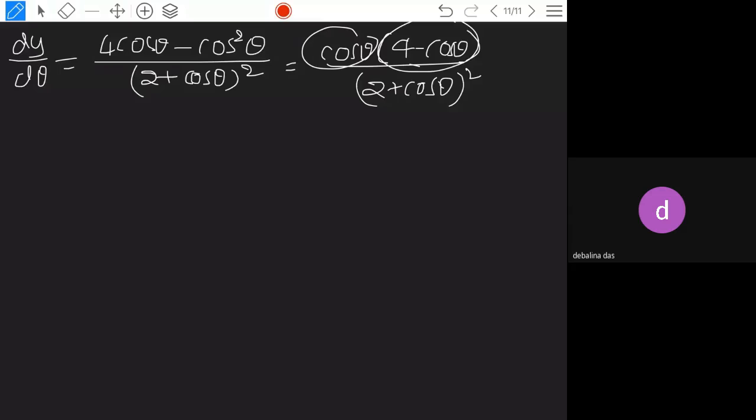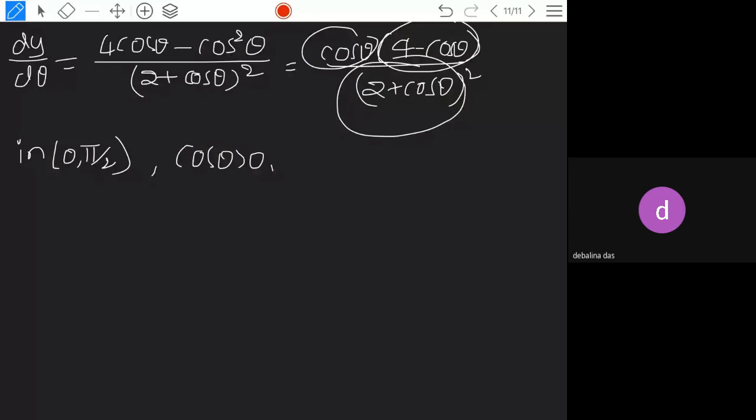In the interval 0 to pi by 2, cos theta is greater than 0, because in the first quadrant cos theta is positive, isn't it? Yes, sir. 4 minus cos theta is also greater than 0.